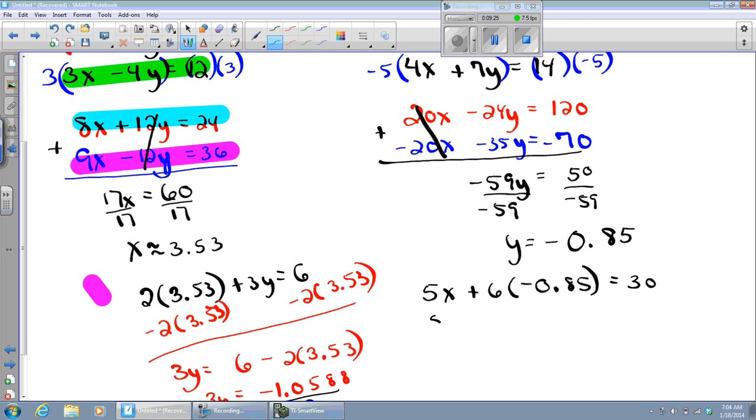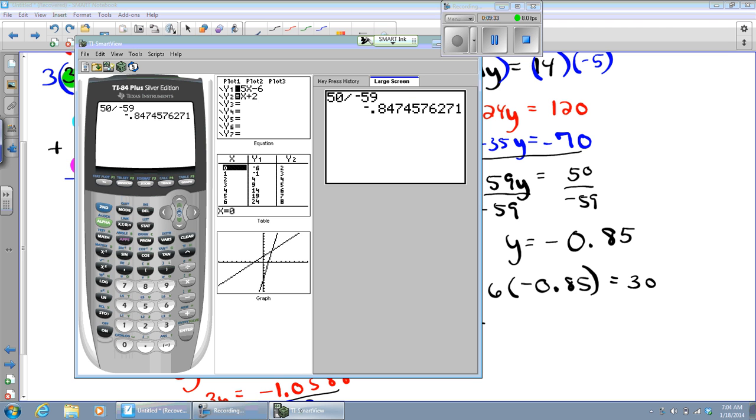And so I'm going to have 5x, and this is going to end up being what number? I guess I got to multiply it by 6, so I'll go times 6, and I'm going to get a very similar number, negative 5.085, and that's going to equal 30, right?